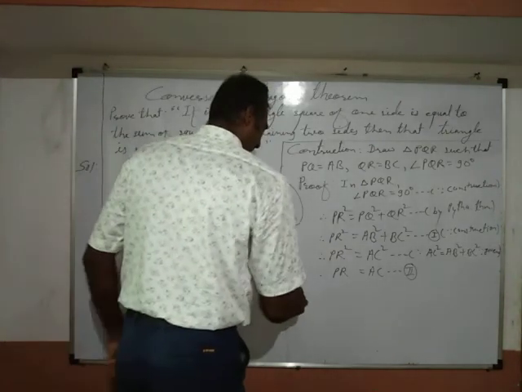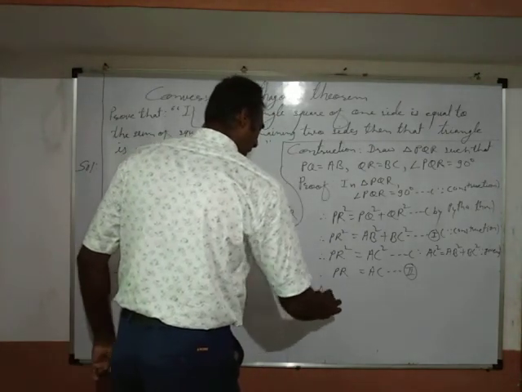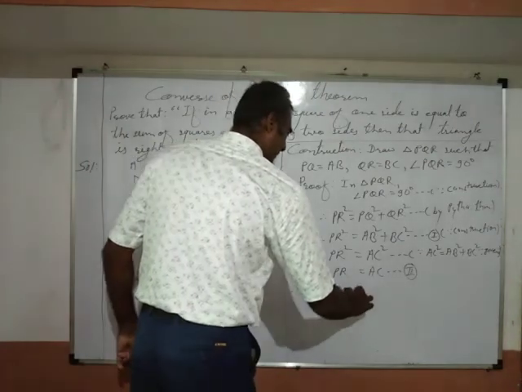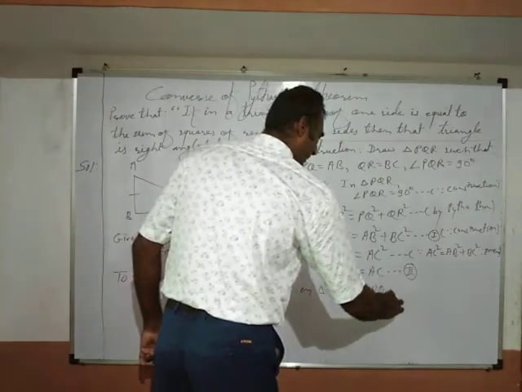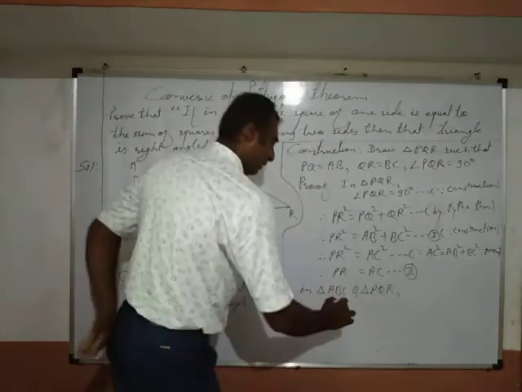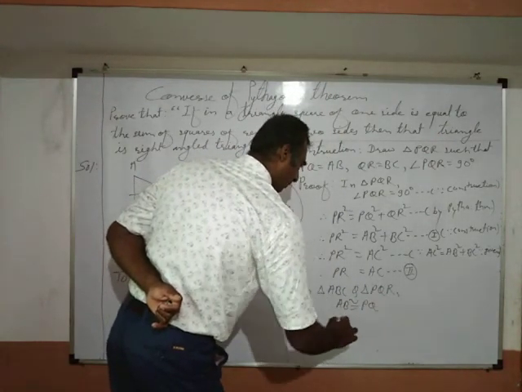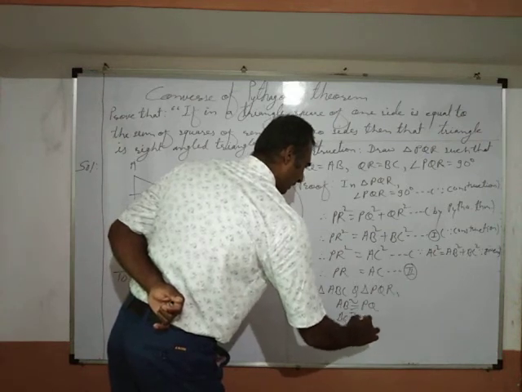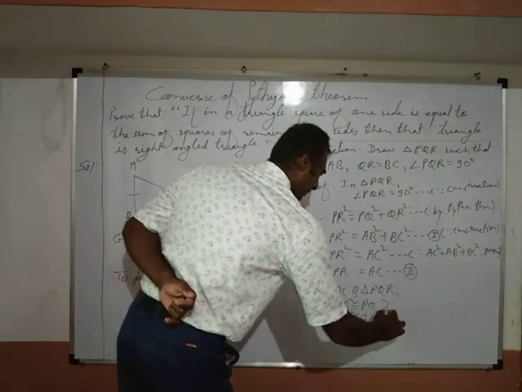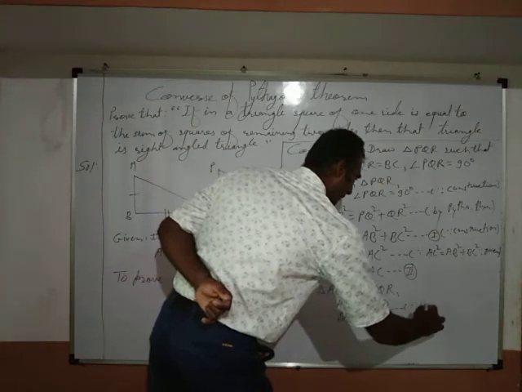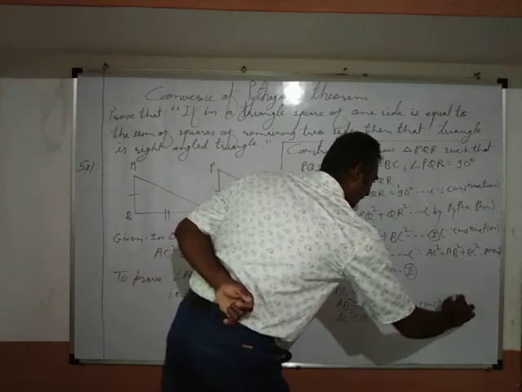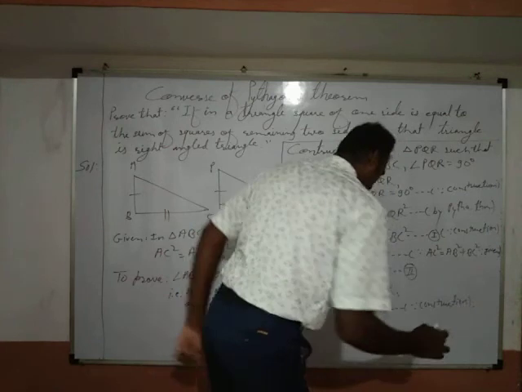Okay. And therefore, in triangle ABC and triangle PQR, yes, we can say AB is congruent with PQ, BC is congruent with QR, since it is our construction. Okay.